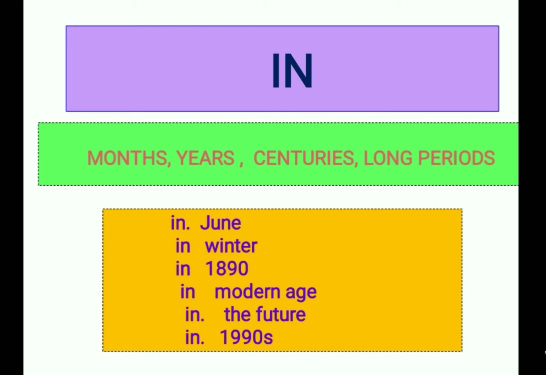Let us understand this also with examples. Do you think we will go to Saturn in the future? There should be a lot of progress in the next century. I will be going to New York in May 2020. In the past, for the future, we are using in. Got it?